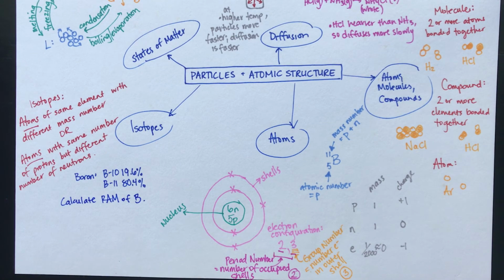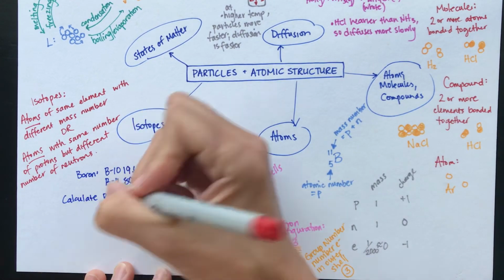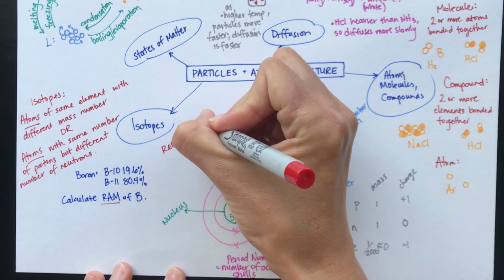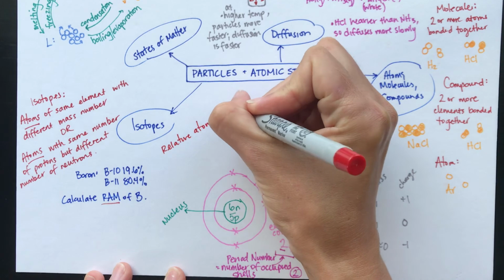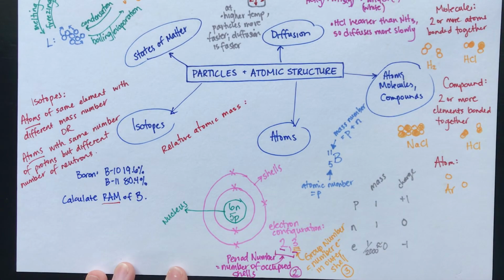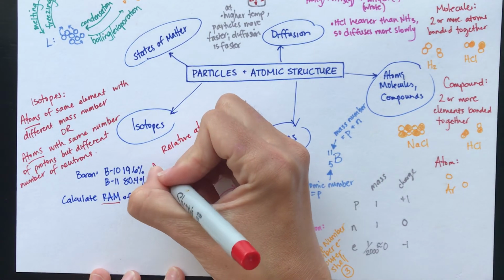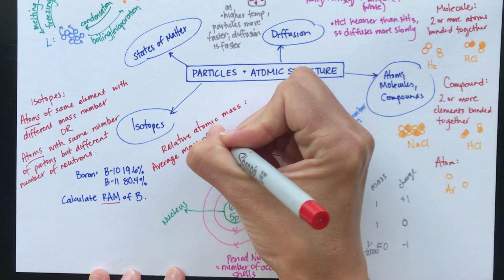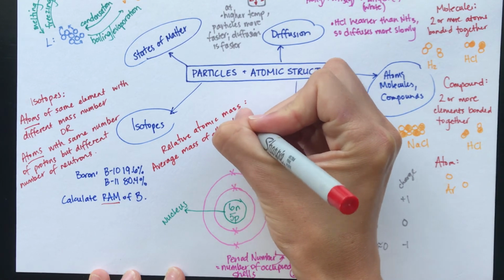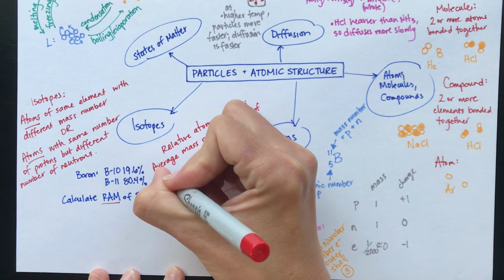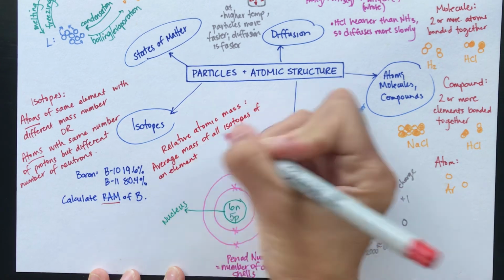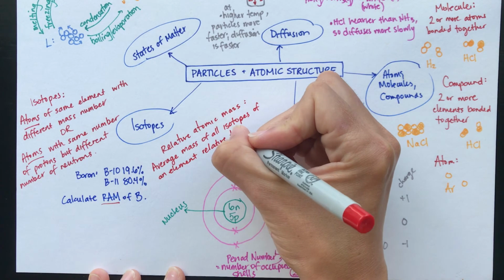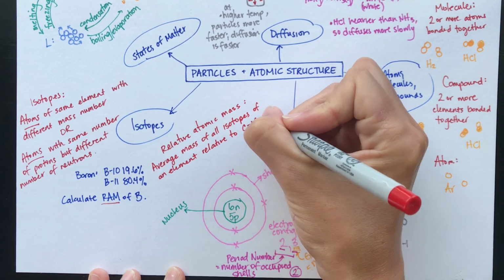Which is another definition for us, RAM. Relative atomic mass, this is the hardest definition of the topic, is the average, so we're going to have to do some math here, the average mass of all the isotopes of an element, and then there's this tricky bit at the end, relative to carbon-12.